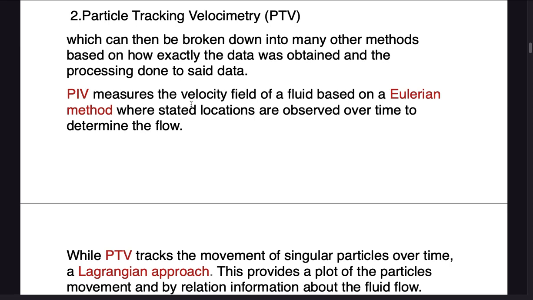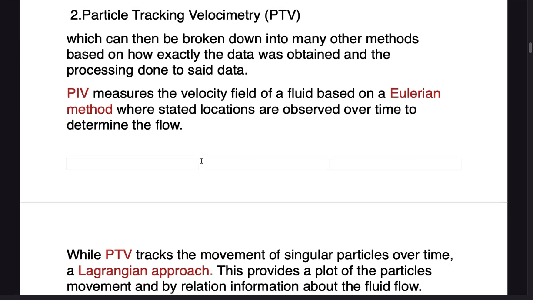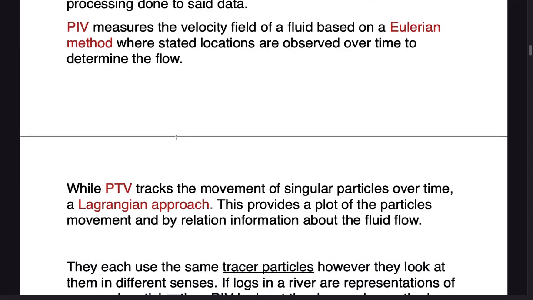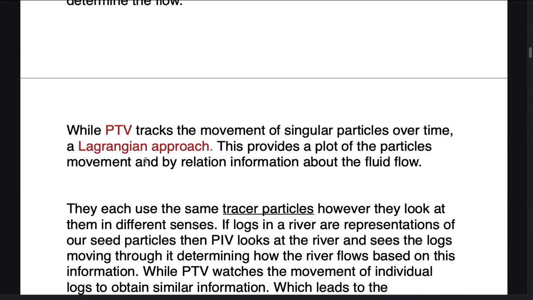PIV measures the velocity field of a fluid based on Eulerian methods, where fixed locations are observed over time to determine the flow. PTV, meanwhile, tracks the movement of singular particles over time, a Lagrangian approach.